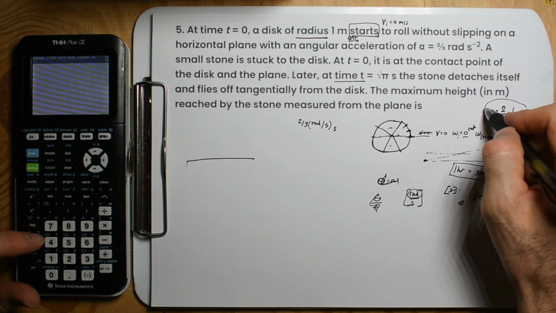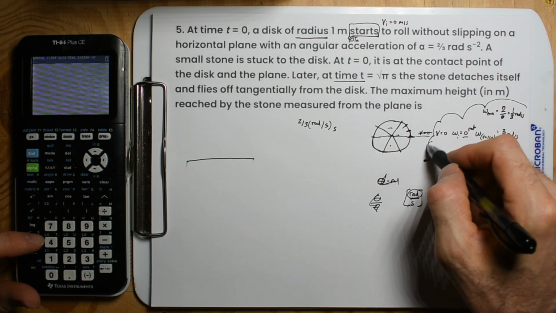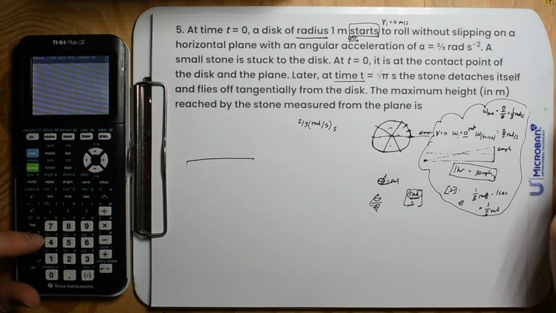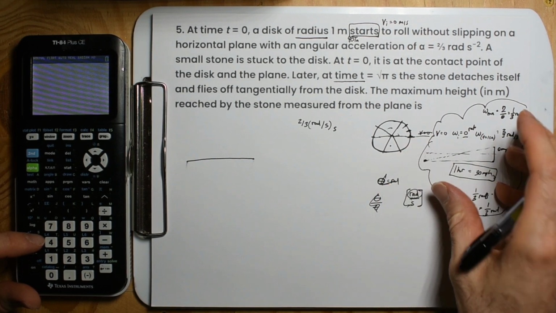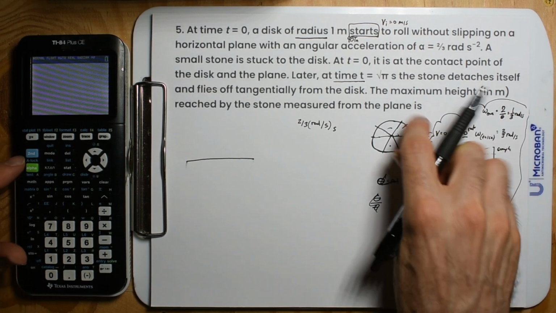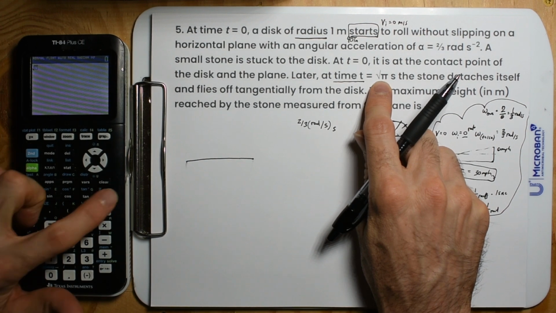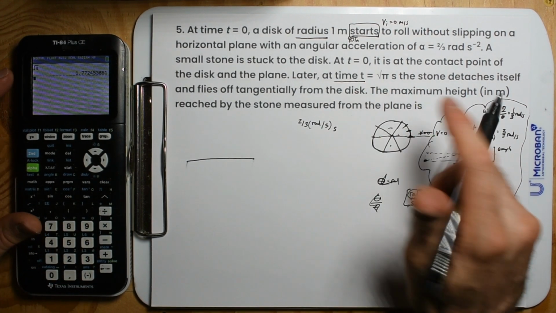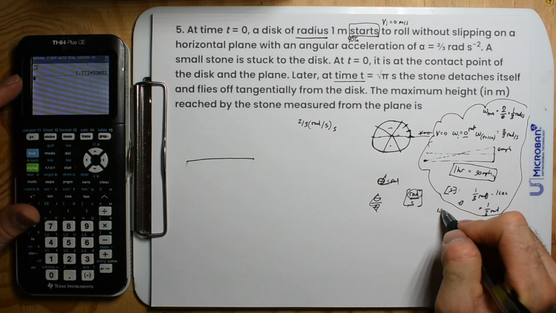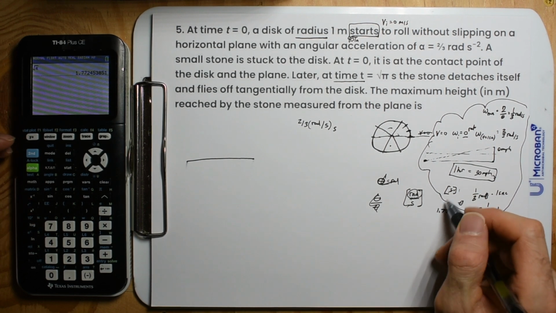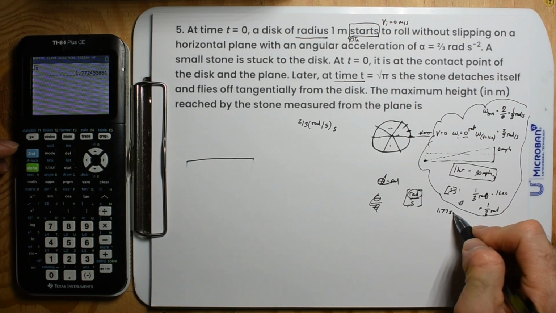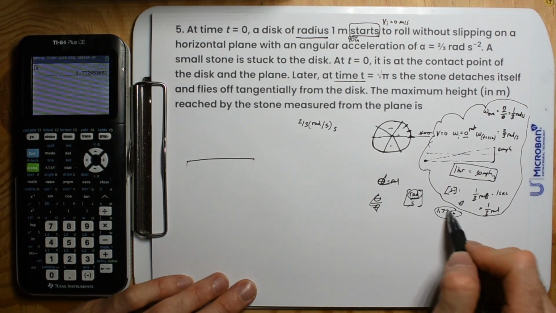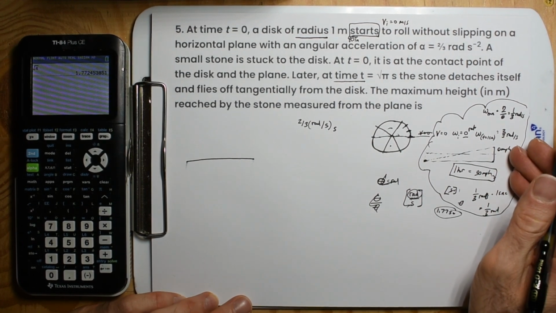It's the integration process, but it shows you nicely what's going on. So we got the square root of pi, and so we're going to do a time of only 1.77. So in 1.77 seconds, that's when we're interested.